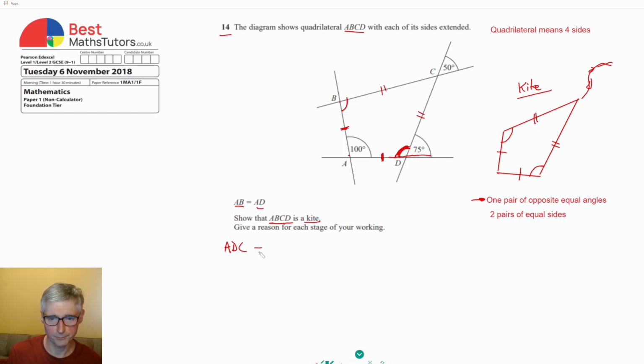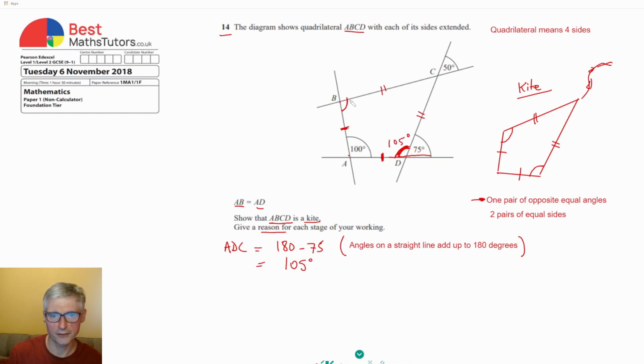So in fact ADC would equal 180 minus 75, and I've got to give a reason for it as well. So I'm going to put down there that angles on a straight line add up to 180. And I always like to put it in brackets at the end of the calculation that I've done. So we can see that 180 minus 75 is actually 105 degrees. So we've got that one there, 105 degrees.